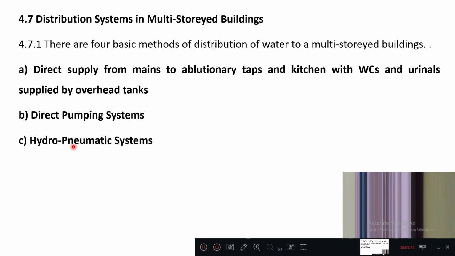That is why we call it a hydro-pneumatic system. In addition to normal pumps, an extra pressure vessel is used. Then the overhead water tank: first from the pressure main, it goes directly to the overhead water tank. From there the points are collected.